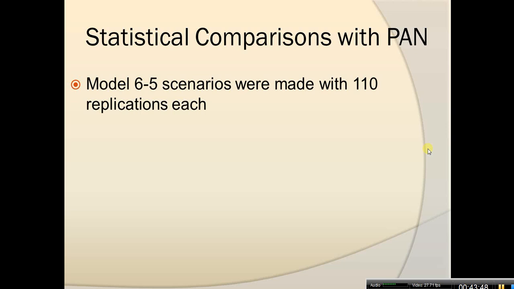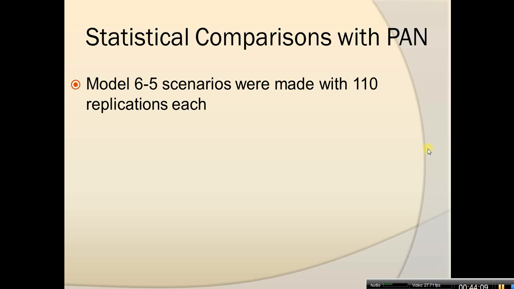So now notice that when we run it, we have this model with 65 scenarios that are made with 110 replications each. And after each replication, it produces the value for each of those two outputs. So we have the outputs as our responses.